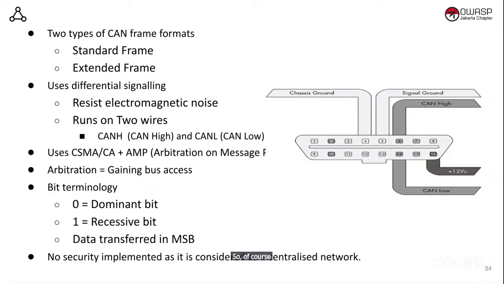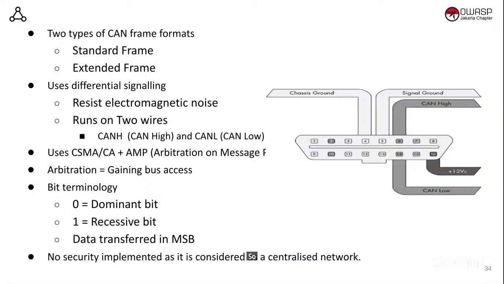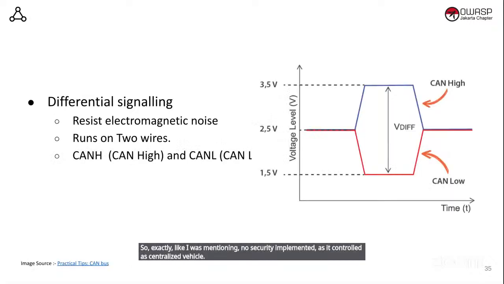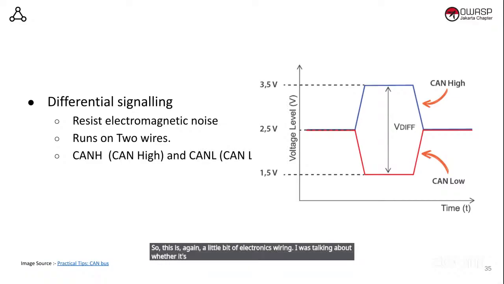Of course, every single ECU in your car has to follow the same thing. So for CAN protocol, the data is transferred in MSB fashion, most significant bit first. Exactly like I was mentioning, no security is implemented as it is a centralized controlled vehicle. So this is again a little bit of electronics wiring. I was talking about whether it's a 0 or 1, and why we cannot do this.